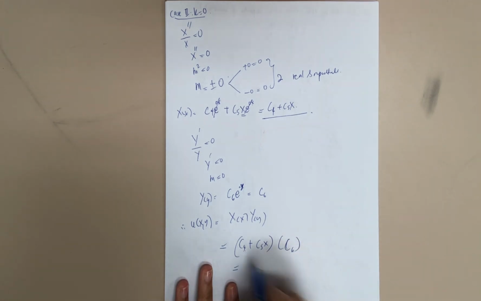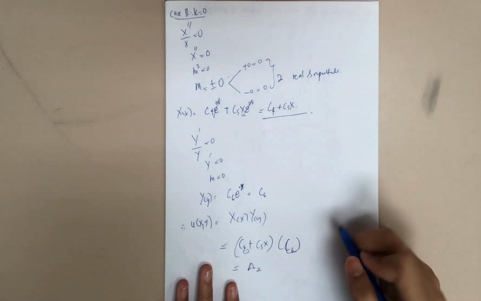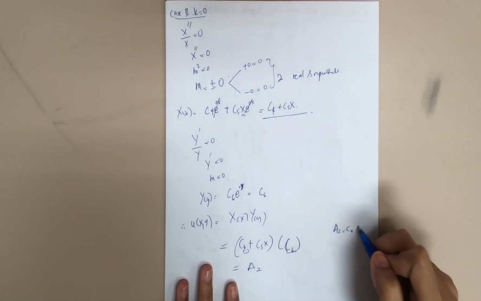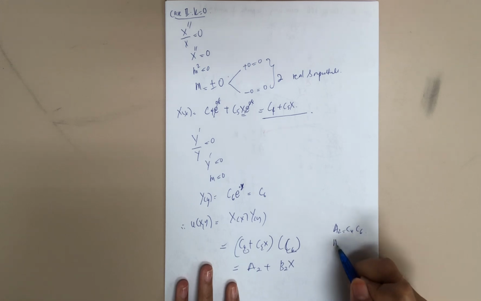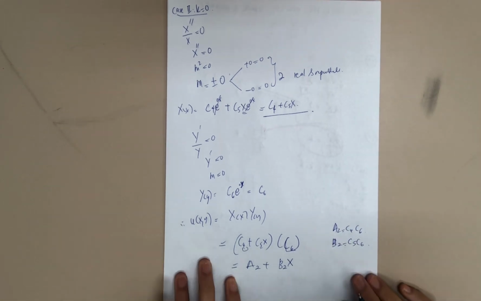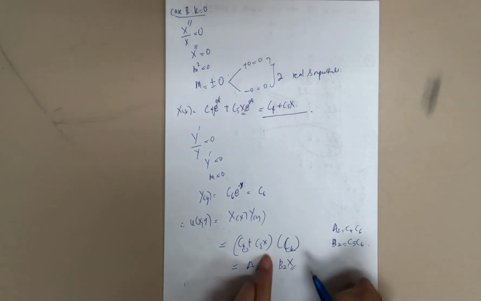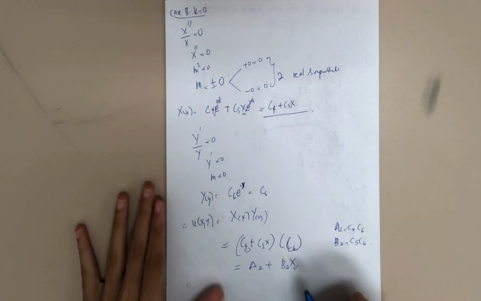So C4 times C6 we let as A2, then plus C5 times C6 we let as B2 x. So B2 is C5 times C6, and they have x of course. So this is the solution for case number 2.